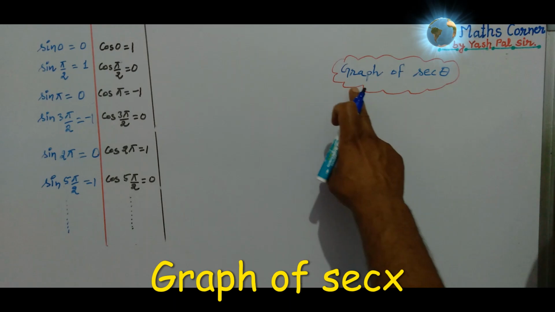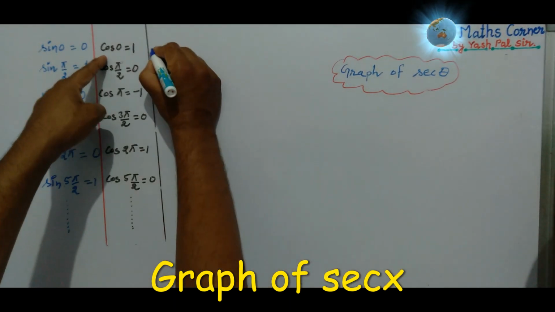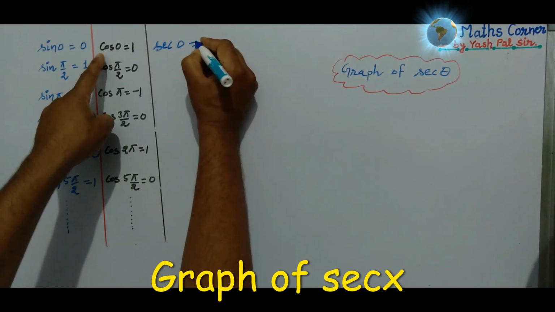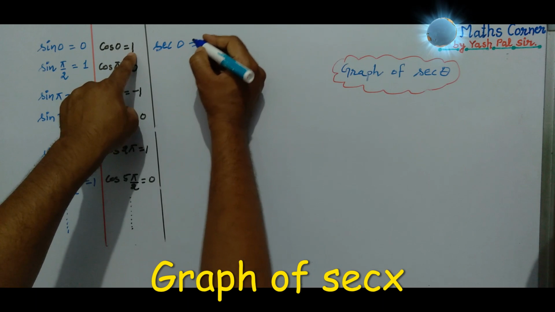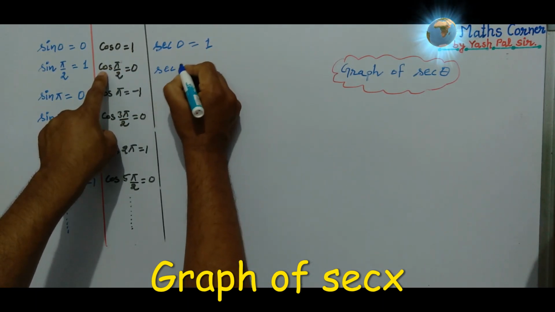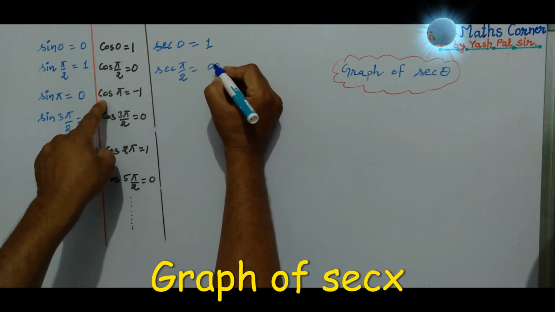Now in order to sketch the graph of secant theta, first of all let us find the values of secant. That is, secant 0, the reciprocal of 1 is 1. Next is secant pi by 2, 1 upon 0 is infinity.